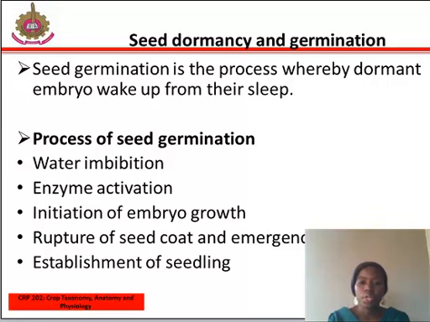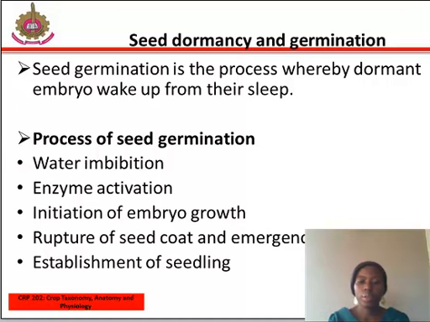As swelling occurs, the seed coat ruptures and this facilitates both water and gaseous exchange and the emergence of the seedling. 2. Enzyme activation. Enzymes are activated in the presence of water and are mobilized and used in breaking down stored food materials. The stored products are converted to more soluble materials. 3. Initiation of embryo growth. The food reserve is used to produce new material, primarily for the shoots and roots. 4.